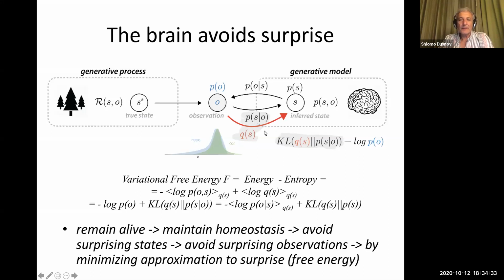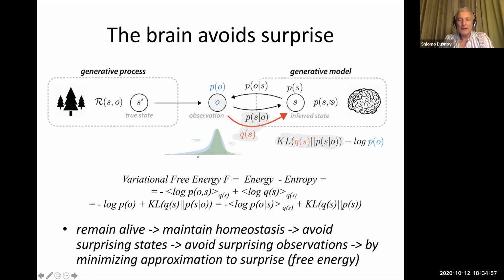So given the observations, you are able to judge the probability of the states, the underlying causes, or you can go the other way around. Given the states, you can guess the observations.